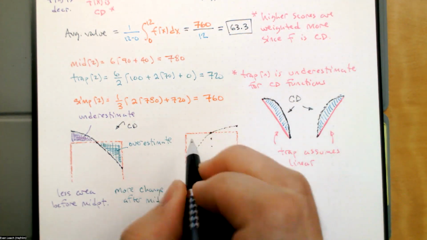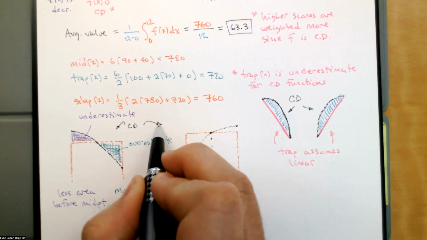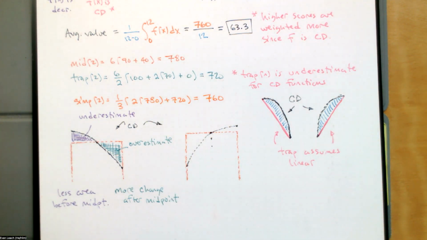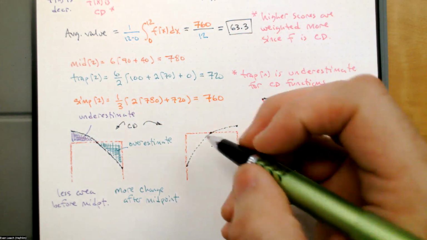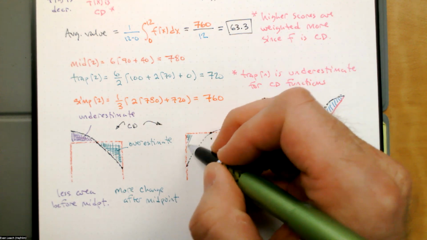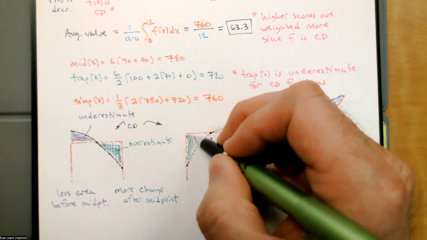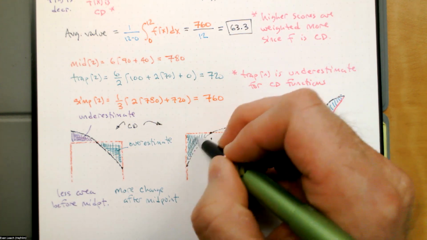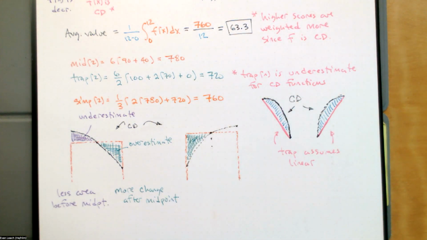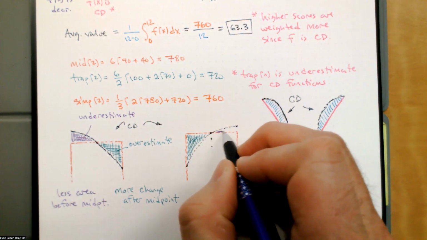Here we have a concave down function again. Now, since the function is increasing, the over and under change places, but there's more area before. And this area is, oh wait, no, they don't change places. I don't know what I was thinking of. I was thinking of left and right. There's some overestimate, some stuff in our rectangle that's not under the function. And here's our underestimate.